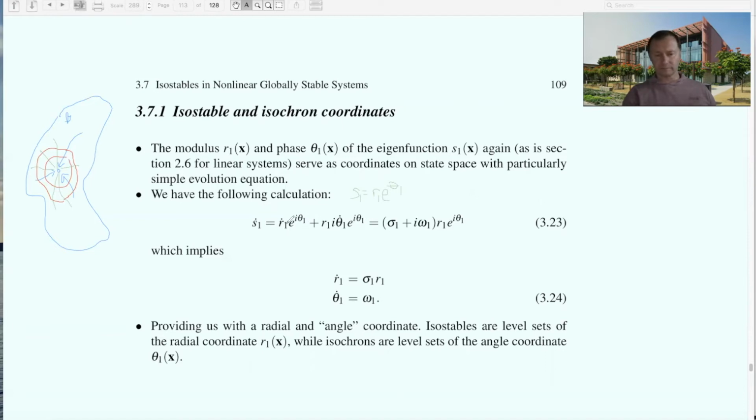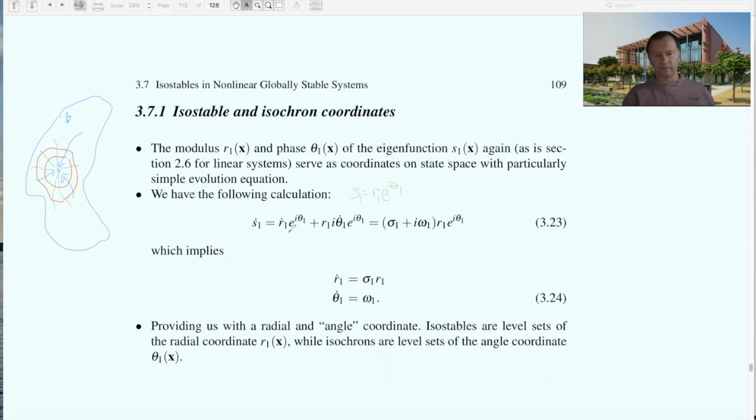R1 dot and theta 1 dot is what we'd like to determine, but that's also equal to, of course, lambda 1 times S1. So this part I obtained by pure differentiation, this part I obtained by definition, by the fact that S1 is actually an eigenfunction, so S1 dot is lambda S1.